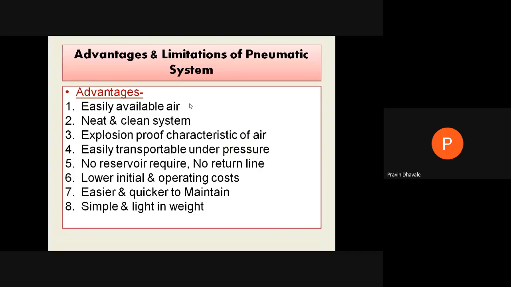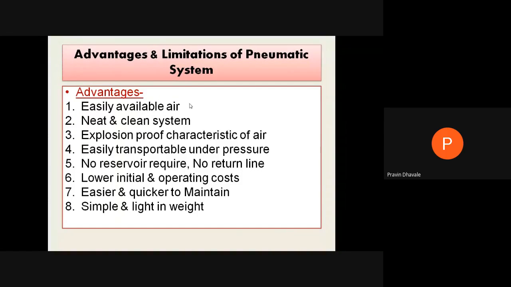If there is a leakage of the working fluid in a hydraulic system, the oil will spoil the food items. So in food processing industries we prefer pneumatic systems, because leakage does not spoil the food items.